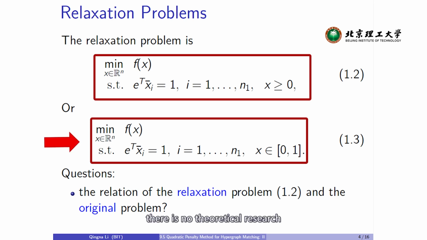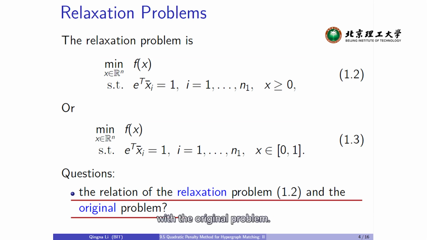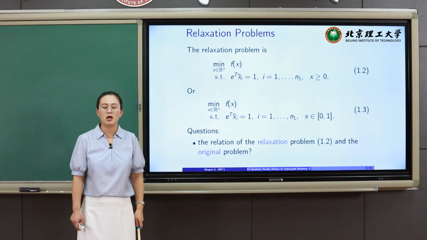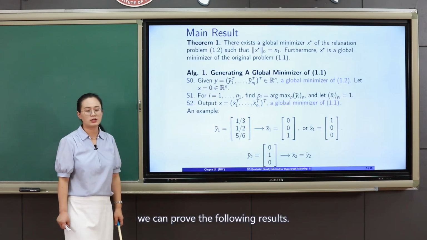However, there is no theoretical investigation on the relationship between the relaxation problem and the original problem. Therefore, the motivation of our method is that we first study the relationship between the relaxation problem and the original problem. Surprisingly, we can prove the following result.